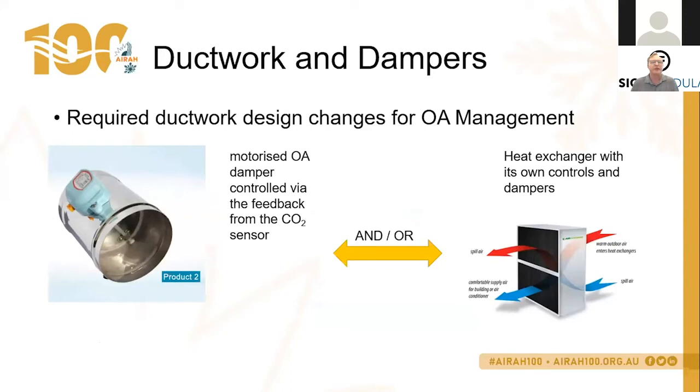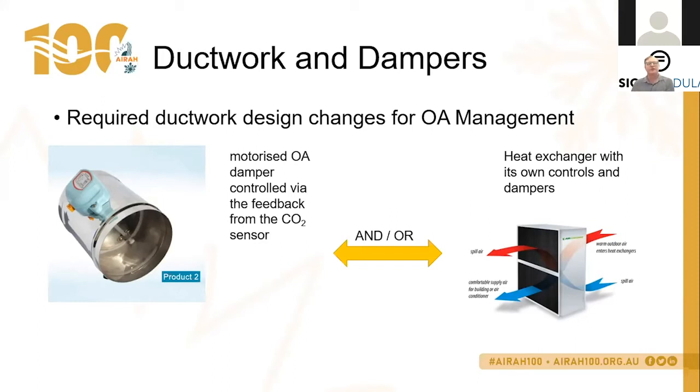For the outside air management, so the CO2 control and the heat exchanger, you'll have a motorised outside air damper controlled via a CO2 sensor, and that's fairly simple and easy to add to a system. Or you'll have a heat recovery ventilator with its own controls on dampers, etc., where it operates within certain set point limits.